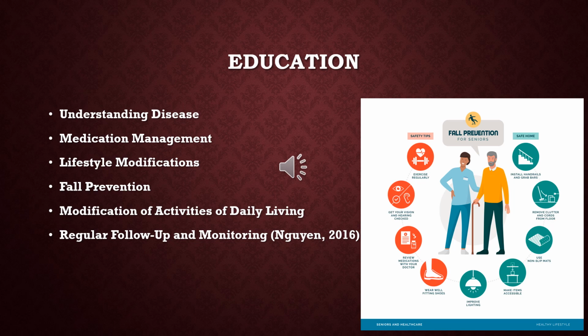For the first point, understanding the disease, it can be important to explain the pathophysiology of osteoporosis, informing them of bone resorption and bone formation imbalances and how this can lead to weakened bones. It's important to also discuss risk factors that were discussed earlier in the presentation, such as age, sex, family history, hormonal changes, nutritional factors, and lifestyle habits.